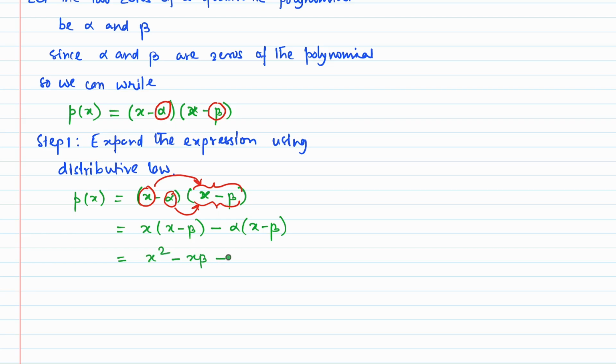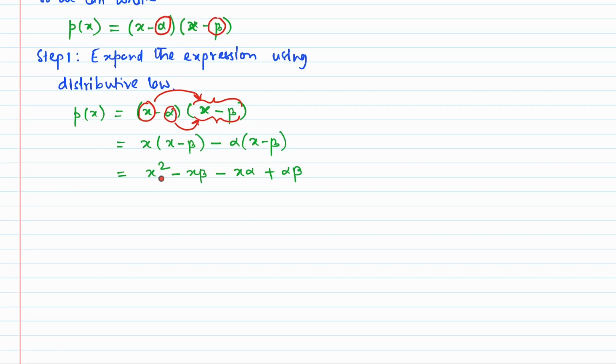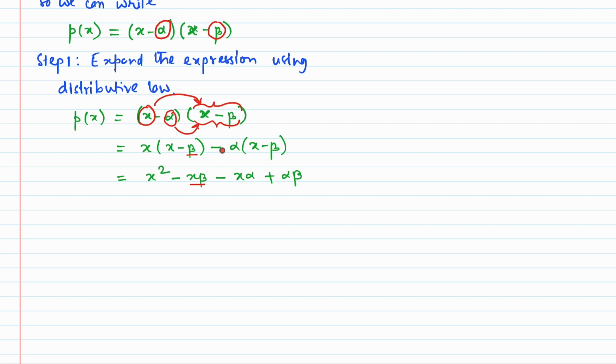Then x square minus x beta minus x times alpha plus alpha times beta. Again I am using the distributive method. So minus into minus becomes plus. So I got this expression: x square minus x beta minus x alpha plus alpha into beta.